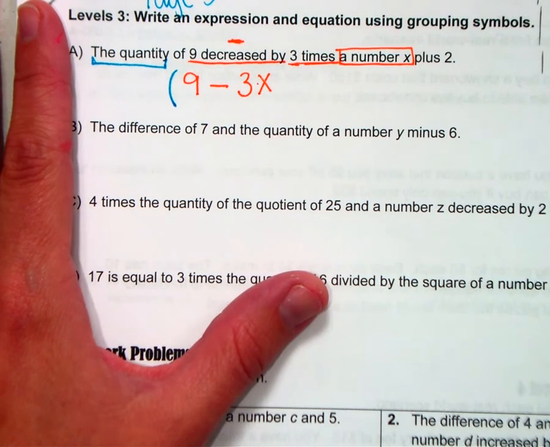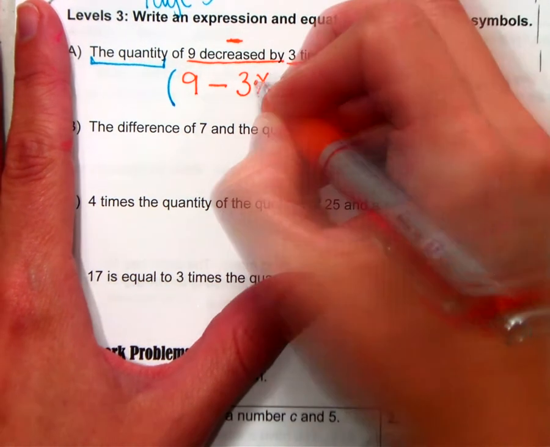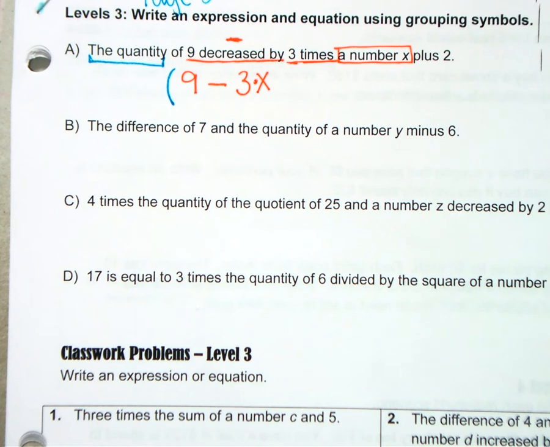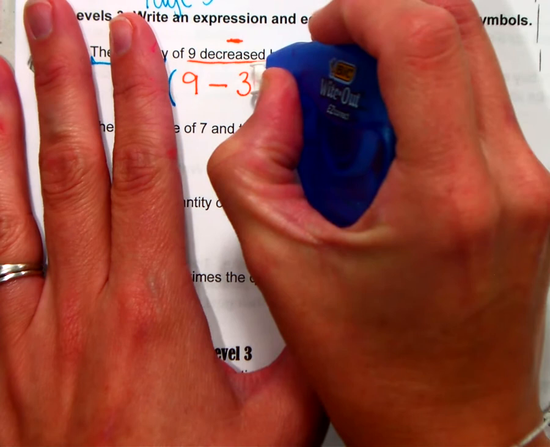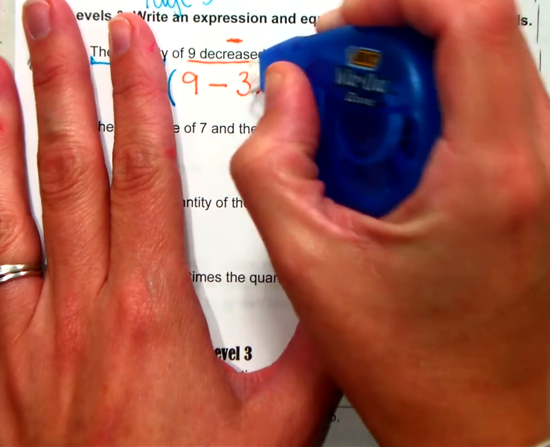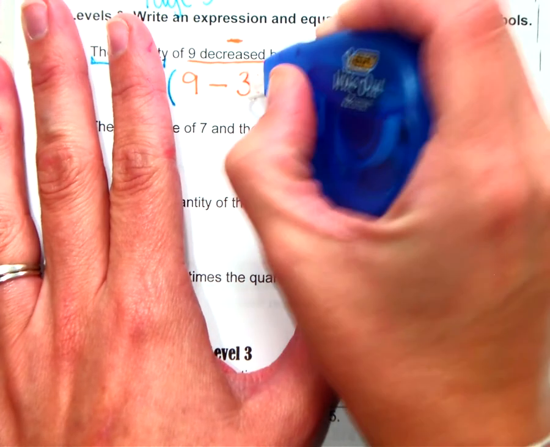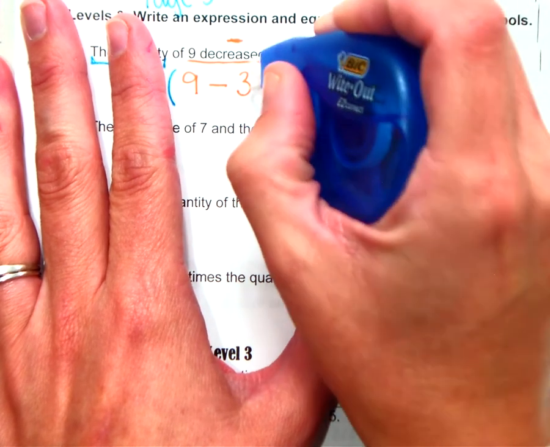And we talked about, especially when you're putting this into your Go Formative, this dot that we've been putting there should not show up when you actually type it into Go Formative. Okay, so I'm going to get my little white out here and get rid of that dot, because that dot should not show up on your Go Formative answers. There's not really a good way to type that in, and that's okay because we don't actually need it.